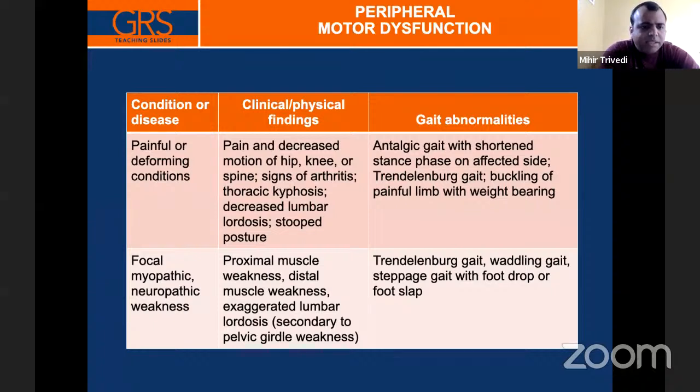Focal myopathic or neuropathic weakness has proximal muscle weakness, distal muscle weakness, exaggerated lumbar lordosis. Trendelenburg gait can be seen, waddling gait can be seen, with steppage gait with foot drop or foot slap.